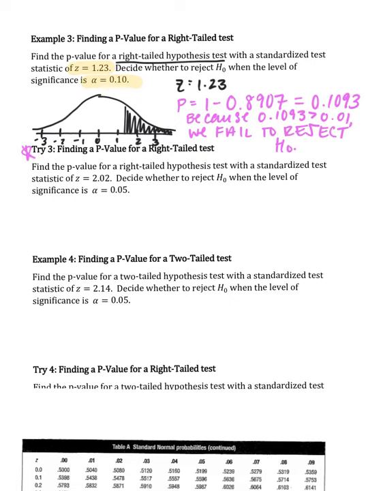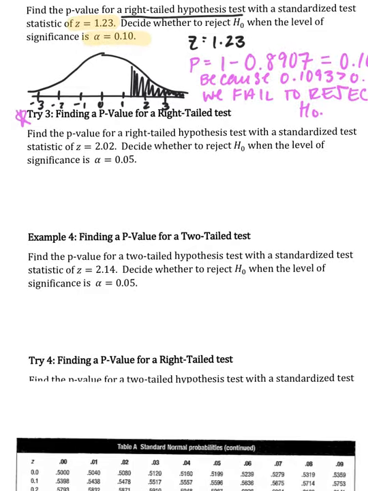All right, last but not least, the two-tailed test. So we're just going to find one of the areas, either under the left or the right side, and then we just multiply it by 2. So we have our curve, 0, 1, 2, 3, -1, -2, -3.